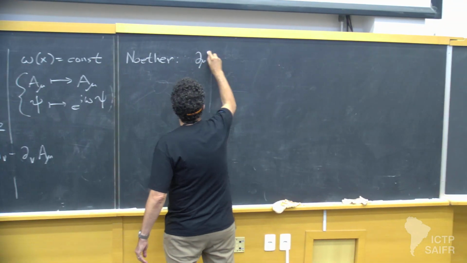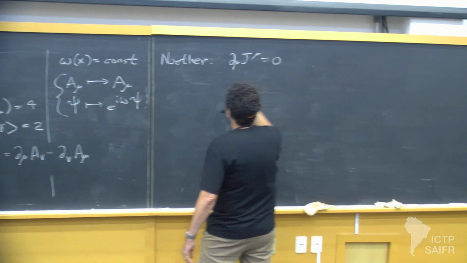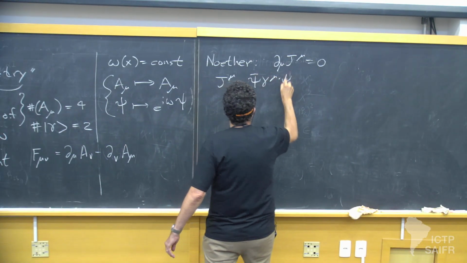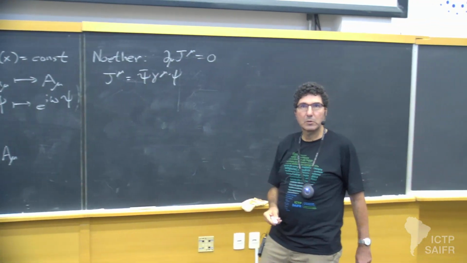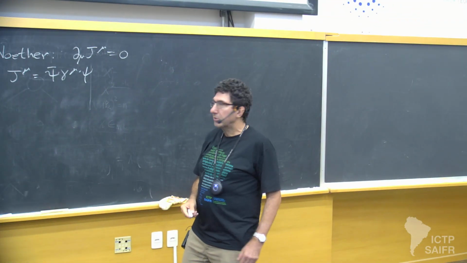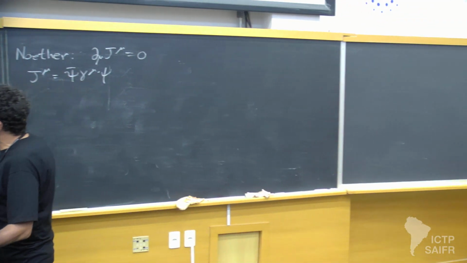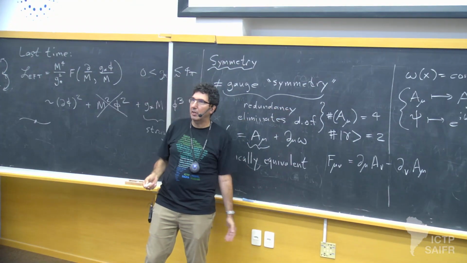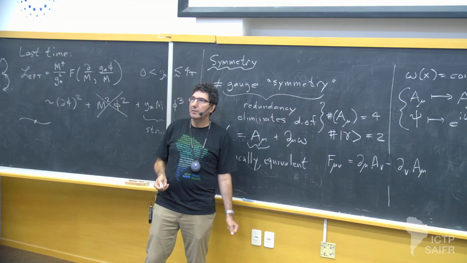You find that there's a conserved current, and this current is exactly psi bar gamma mu psi. So you would say, what are you saying, that this is not a symmetry? It implies a conservation law, in fact a local conservation law.